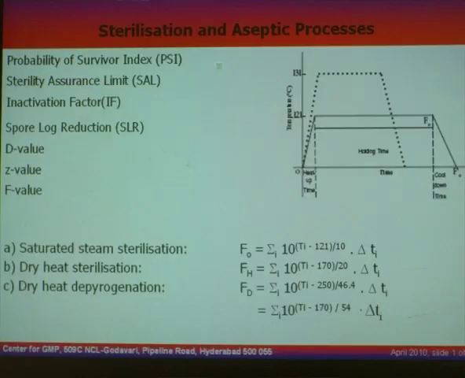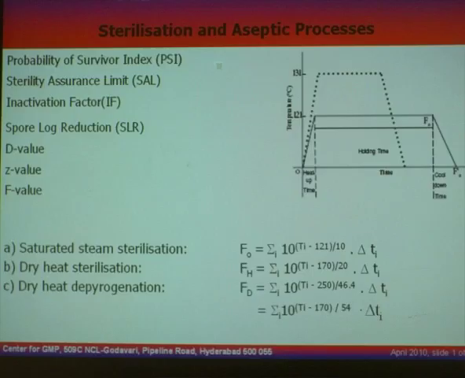At dry heat of 170 degrees centigrade, same. And if you're using that as the reference temperature, the reference lethal energy to bring about 12 spore log reduction is given as F suffix H. Now, these can be mathematically estimated, and the equations are given to you here for moist heat, for dry heat, as well as for dry heat for depyrogenation.